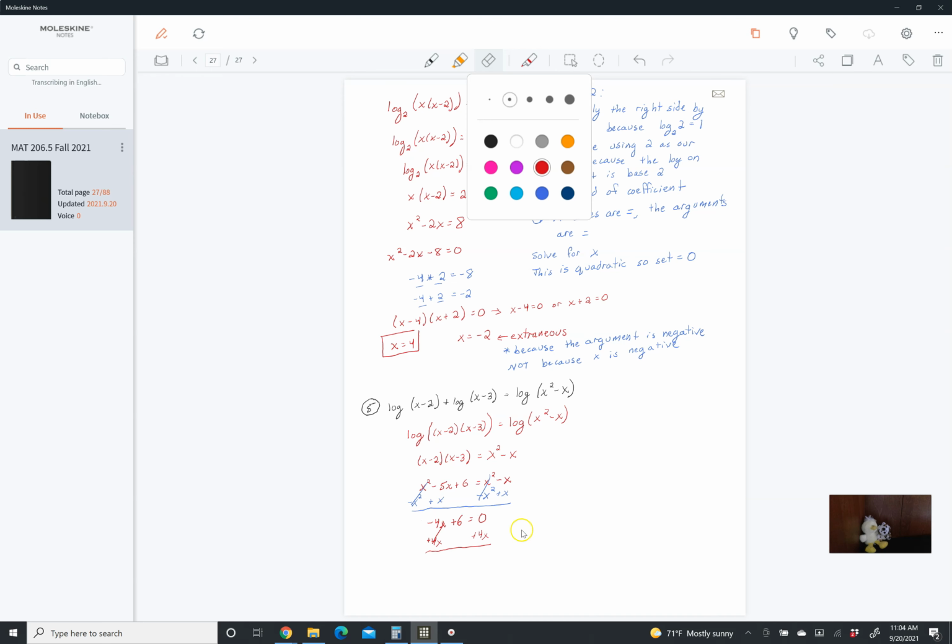It doesn't really save you a step because either way, I'll redo this in blue. Either way, even if you knew that the x squares would have canceled, you still would have had to add 5x to both sides. So you're not really saving yourself anything.